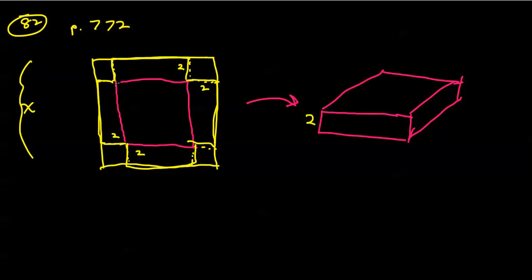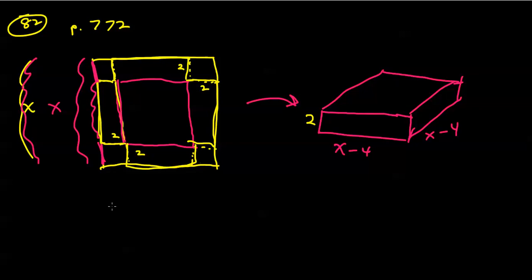Similarly, the purple lines here represent the base of that open box. Each of these bases is X minus 4 units wide. Why X minus 4? Because I started out, this side was X units wide, and if I take out 2 inches from each side, that's X minus 4 is the length of this tab here.